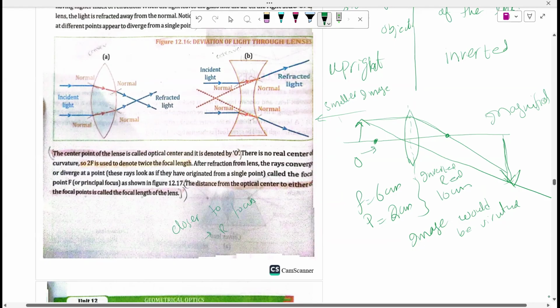What will the image properties be? Real, inverted and magnified. And if we are away from the focus, what will the image be? Real, inverted and smaller.